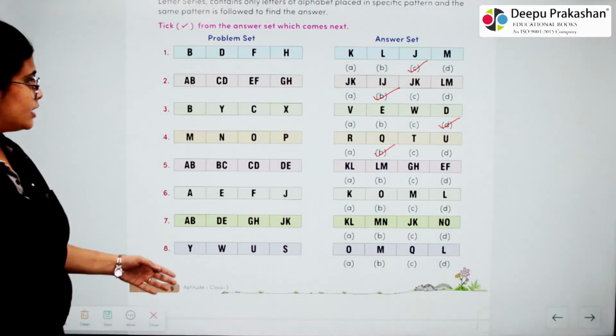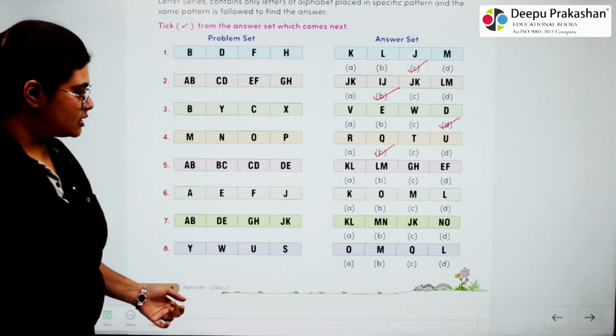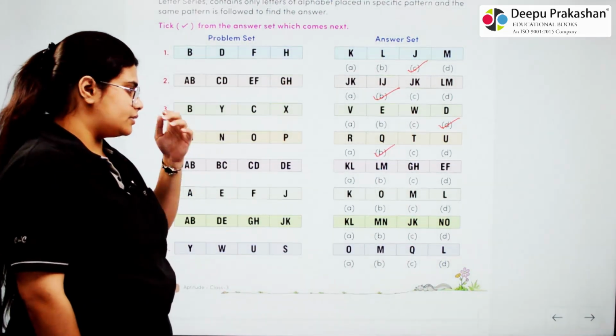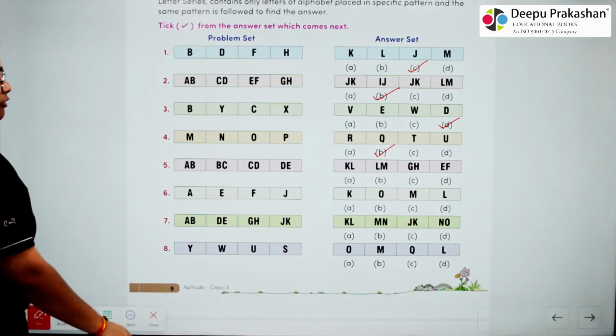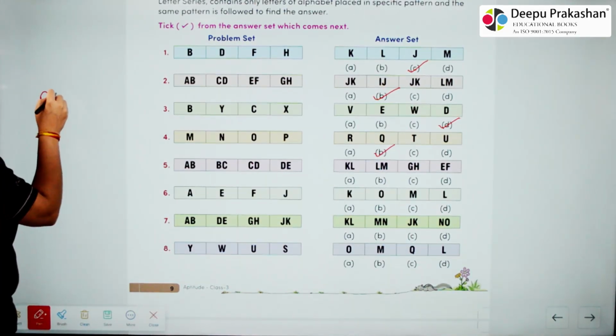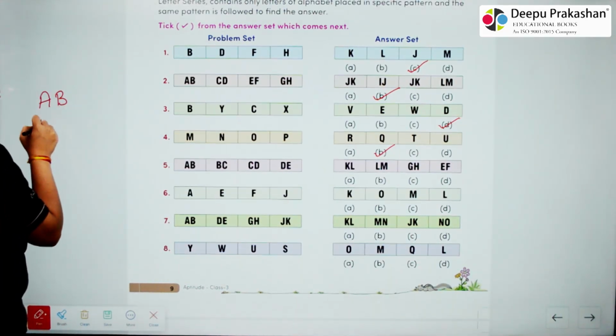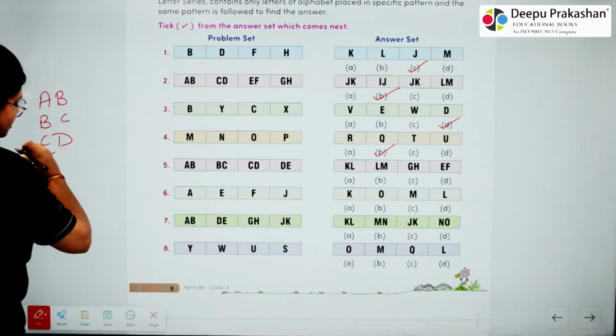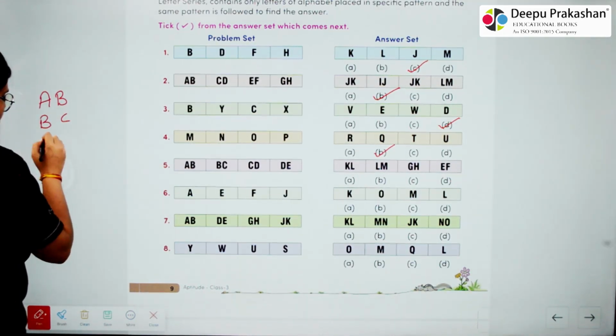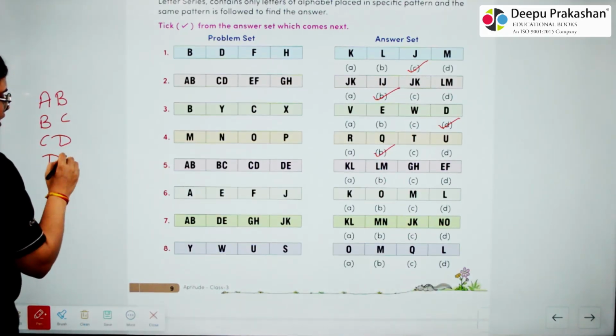Fifth, we are given AB, BC, CD, DE. So if we look at this series, we are given AB, BC, CD, DE.